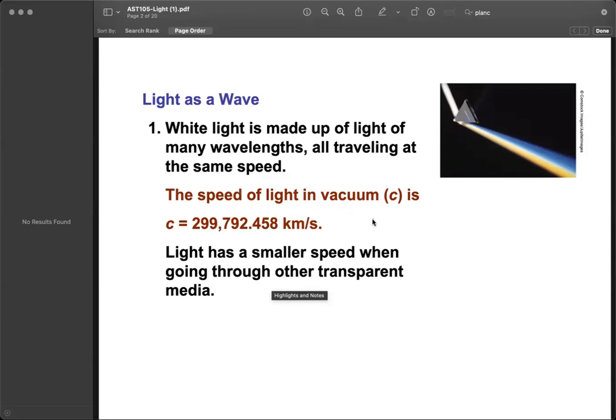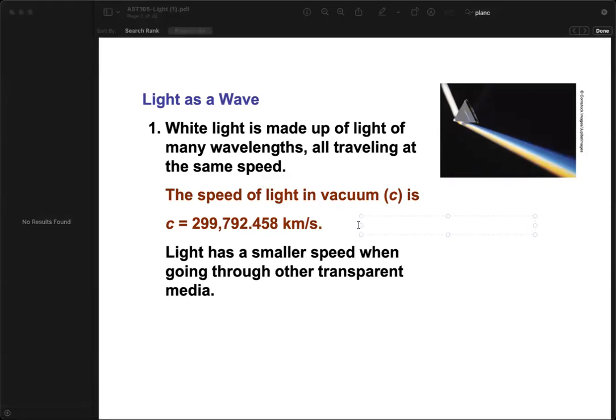We will approximate this and make it into a number that is easy to remember. C is the letter used for speed of light, and it is 3 times 10 raised to the power 8 meters per second. This is the speed of light.